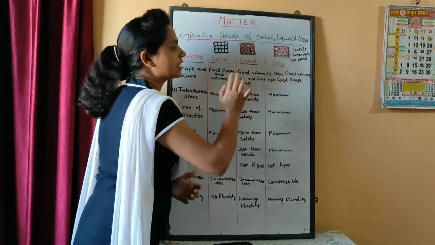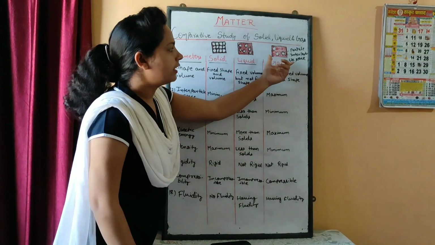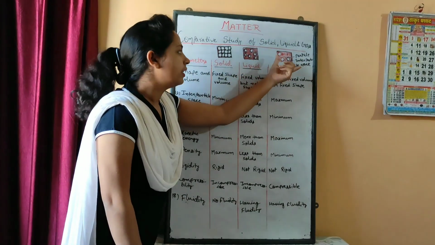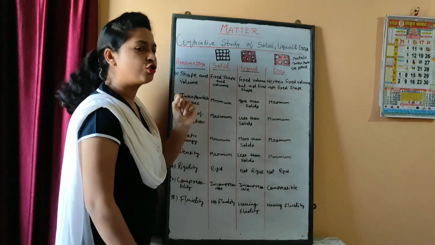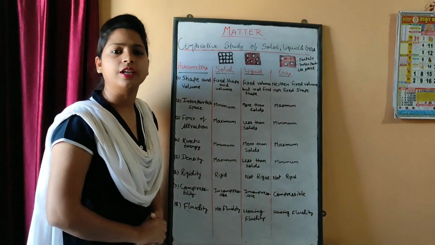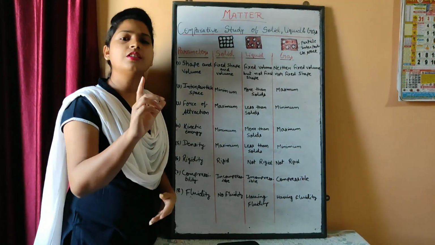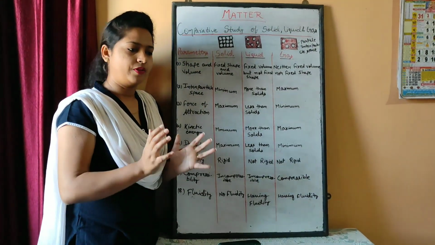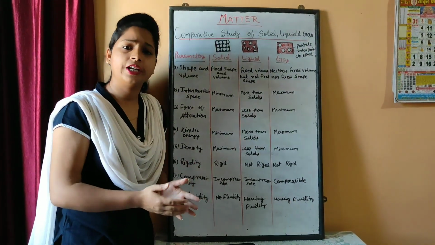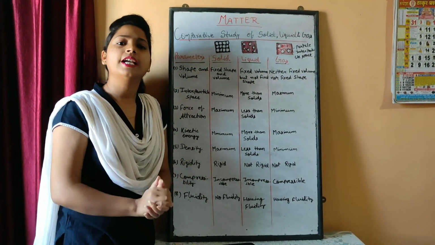But in gaseous state, you can see it clearly that there is large interparticle space, which shows that it has neither fixed volume nor fixed shape. Clear? So this is the first parameter, or we can say the first property on the basis of which we can differentiate between solid, liquid and gases.